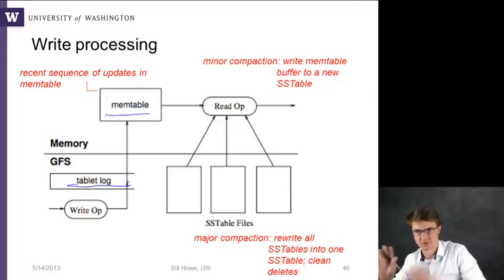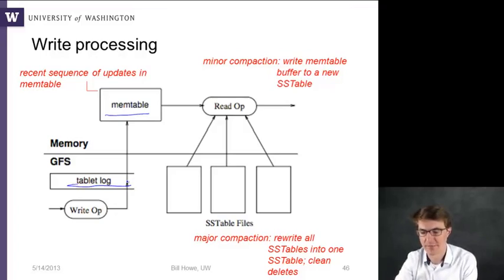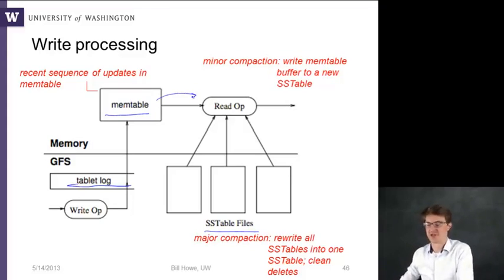Okay, so if this server goes down, it reads the tablet log and can reconstruct what's going on. And then read operations are served by reading these SS table files, the actual data itself, but then also by applying the updates from the mem table on the fly. Right? So it needs a stream. It says here's the value, and then here's the stream of updates I need to apply to the value to get the true value.